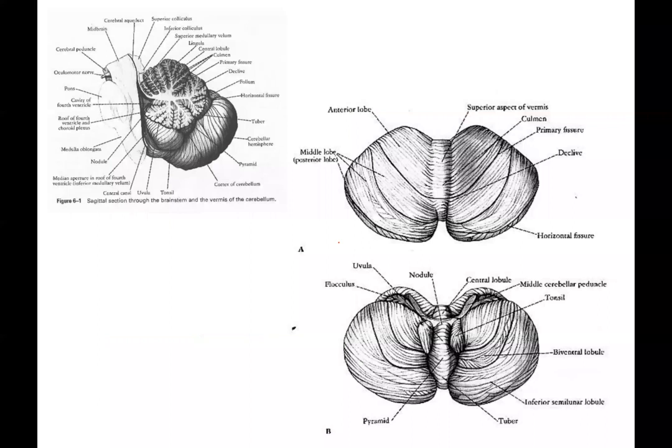Now the cerebellum, just remember it like this. This is the anterior end, and this is the posterior end. This is the superior surface, and this is the inferior surface of the cerebellum. Try to understand it.